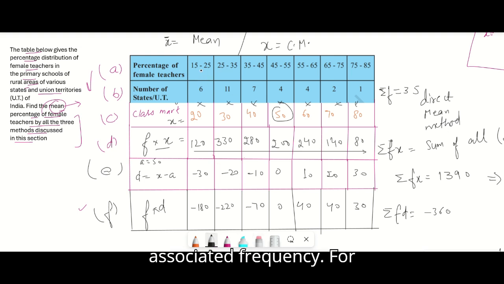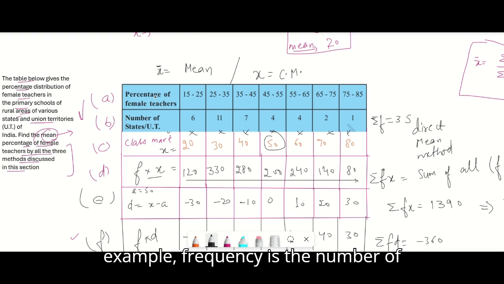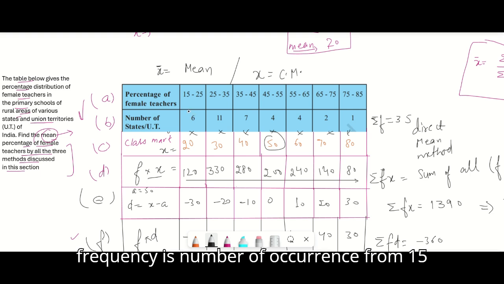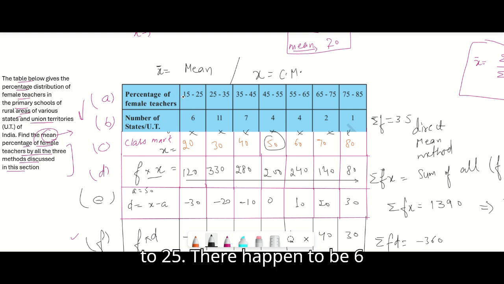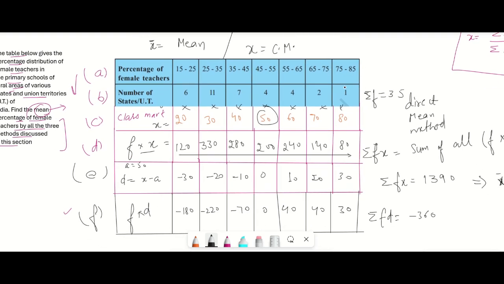Every class has an associated frequency. Frequency is the number of occurrences. From 15 to 25 there happen to be 6 states where female teachers are 15 to 25.